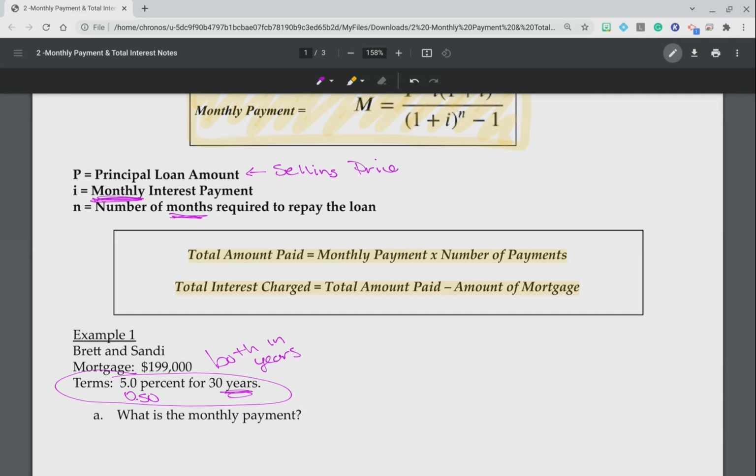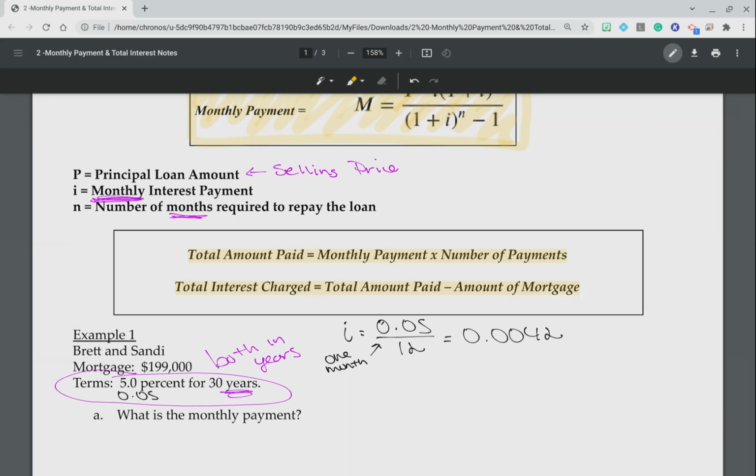So before I can even do any calculating, the first thing I have to do is figure out what my I and what my N are going to be. So to find my I, I'm going to take my 5% interest, which I realized I didn't move my decimal enough places. There we go. My 5% interest, and I'm going to divide that by 12, because that's going to tell me how much it is for 1 month, which is going to give me 0.0042.